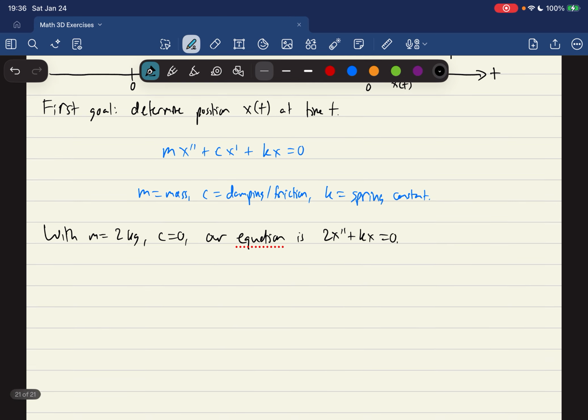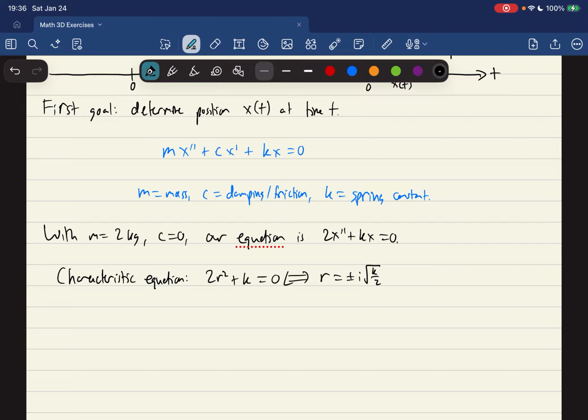Now to solve this, we can see that this is a second order linear homogeneous constant coefficient ODE. So we can solve this using characteristic equations, and that's the approach I will take here. Setting up the characteristic equation, it's going to be 2r squared plus k equals 0. And it's not difficult to see once we solve for this, we're going to get r equals plus or minus i root k over 2.